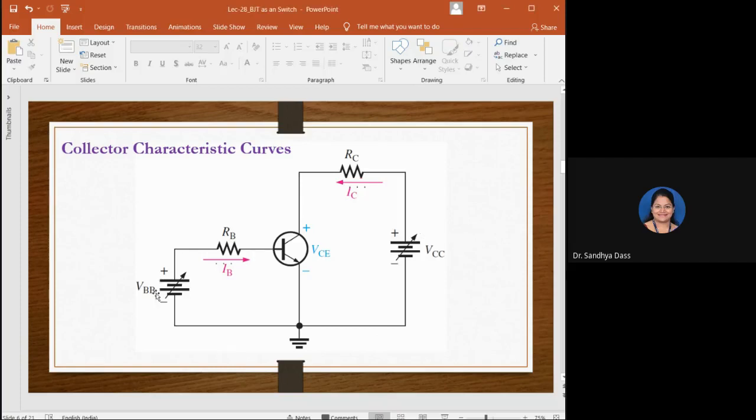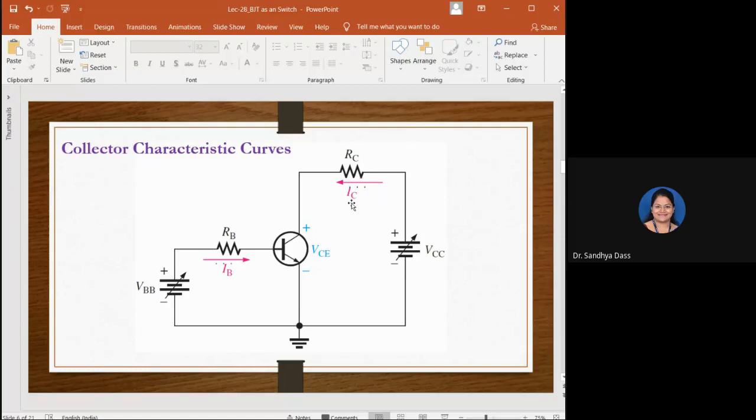All right. So I repeat, I want a particular value of base current. So how do I control this base current? I will vary VBB, right? If I vary this VBB, obviously it will vary the base current. And we know as there is variation in the base current, the collector current also varies, right?